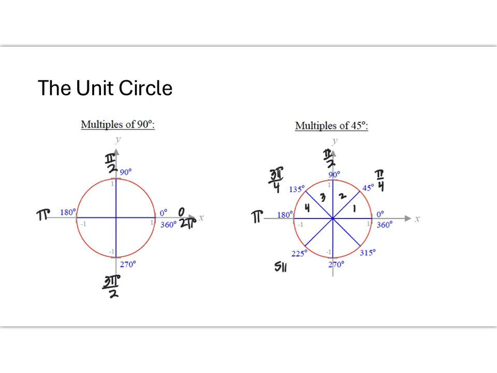Then you've got your 5/4, your 6/4, which simplifies to 3 pi over 2. Then you've got your 7/4, and of course 8/4 is 2 pi. Notice all of them are there, they're just simplified. But you have to remember it goes into 4 equal parts.